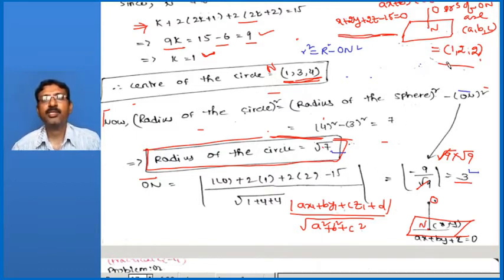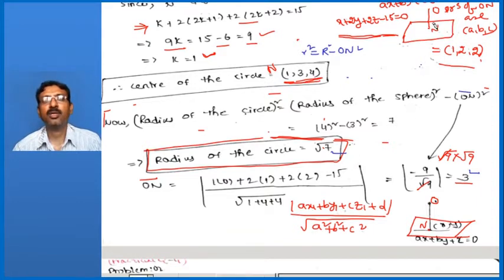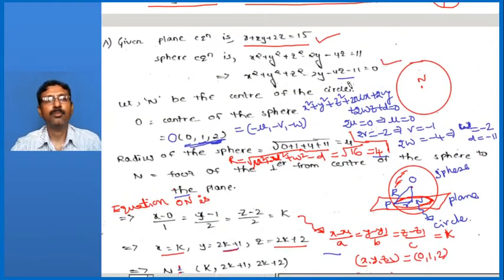Here a, b, c are 1, 2, 2. x1, y1, z1 are the center of the sphere, here it is (0, 0, 0).